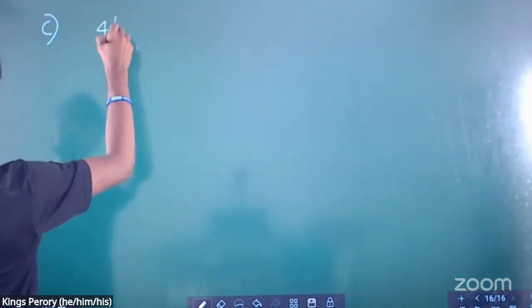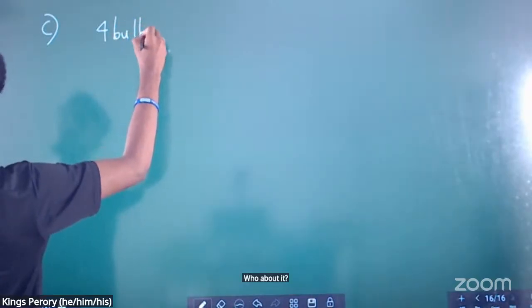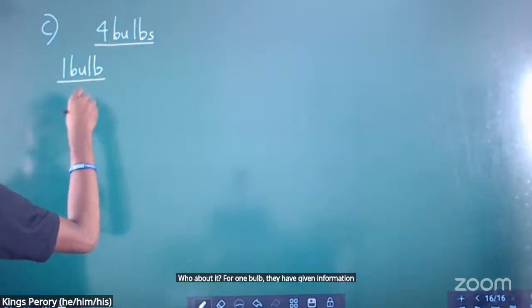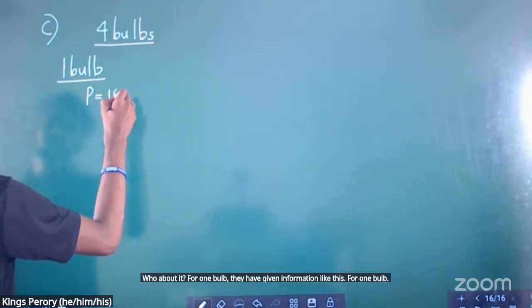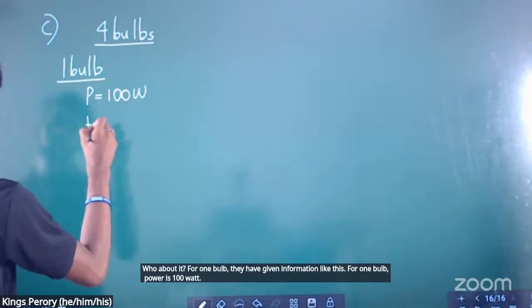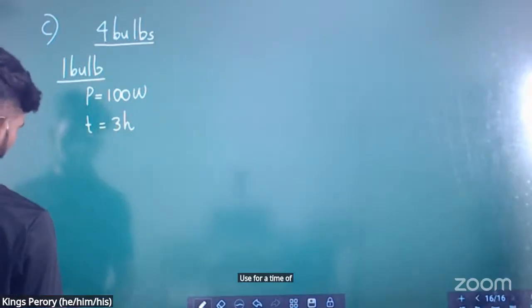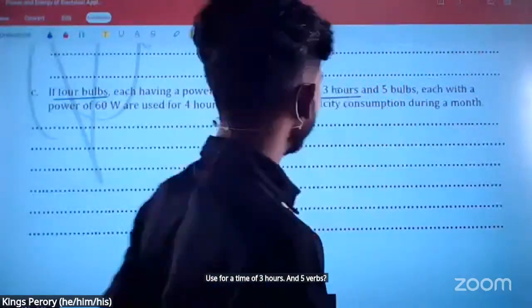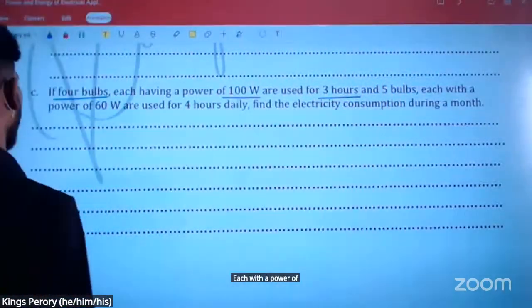For one bulb, they have given information like this: power is 100 watt, used for a time of 3 hours.